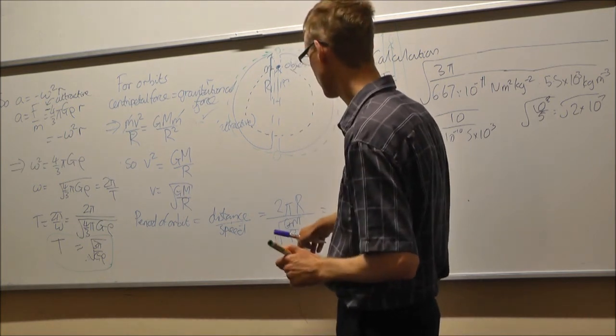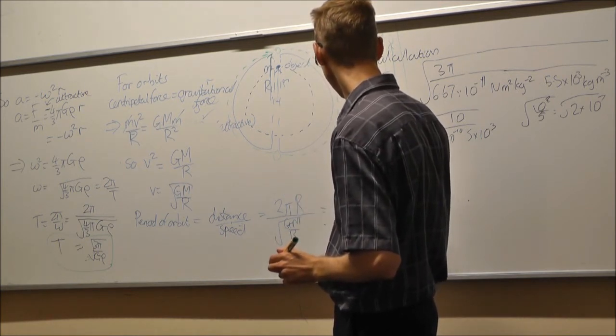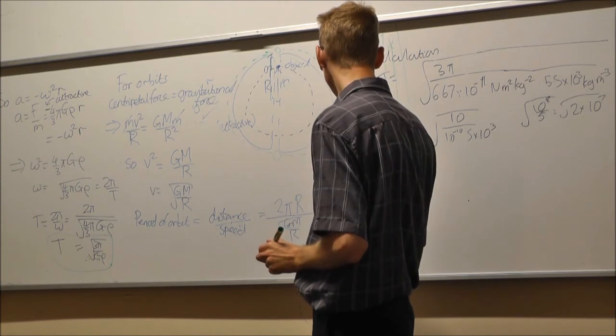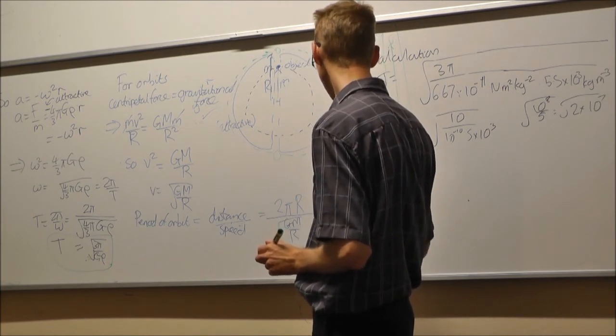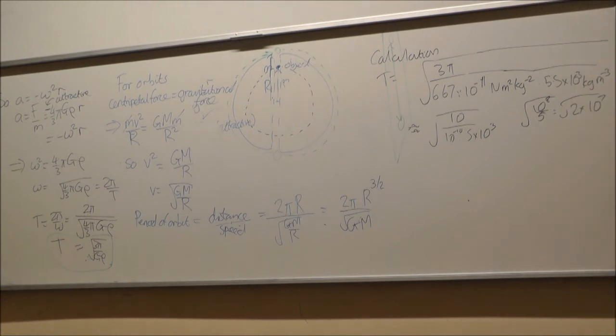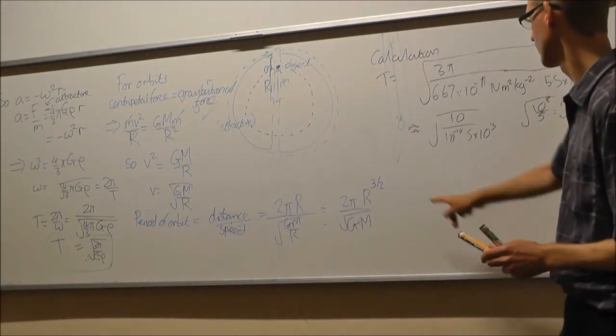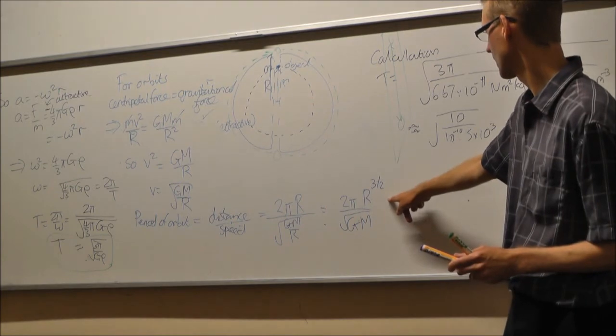Now my r is going to come up as r to the 3 over 2, over root G times our mass. Right? Yeah, I think so. That looks right. It says r times the square root of r, so that goes up. How does that compare?